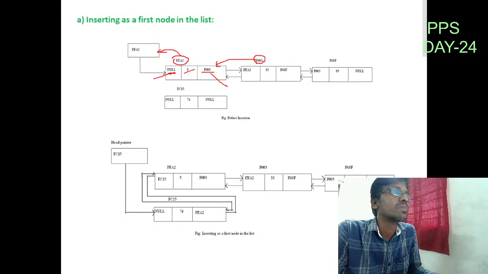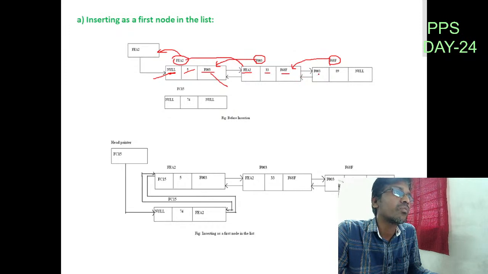Now what is the address of the previous node in the second node? FEA2 is the previous node address. So that address will be stored into the second node, followed by data. Here I am reading the data 33, and followed by the address of the next node. So the third node address will be stored into the second node.